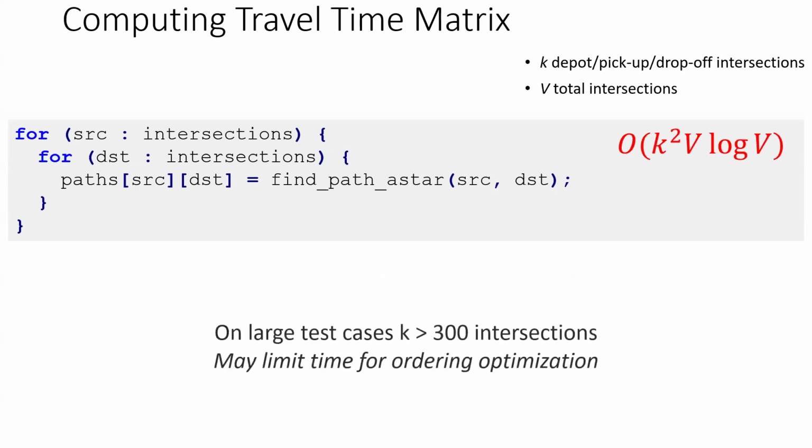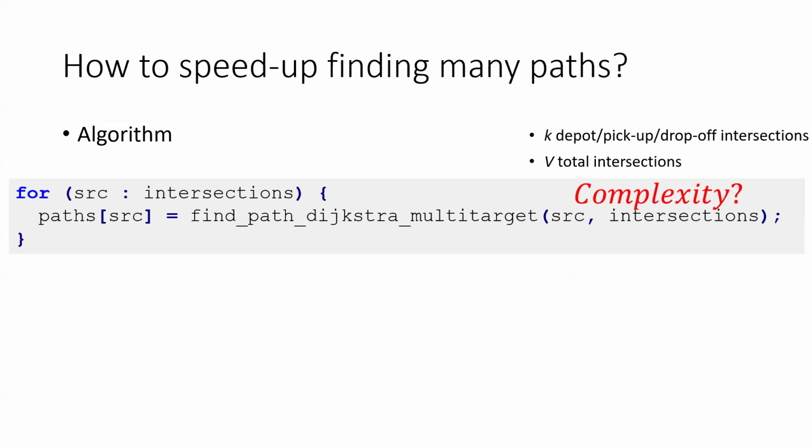How do we further optimize this? On large test cases, K squared may limit the time for your ordering optimization. So what we can do instead of the double for loop is only a single for loop, but use the multi-target Dijkstra. Remember when we learned Dijkstra?